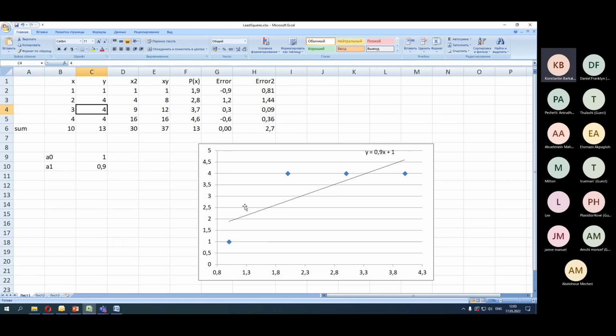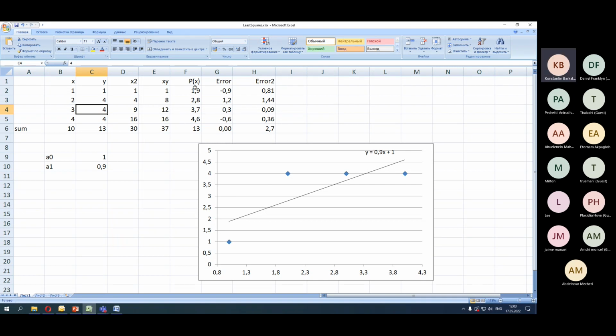Our line moves up. Of course, it is not very likely that these points lie on a straight line. But this line approximates these points in the best way.